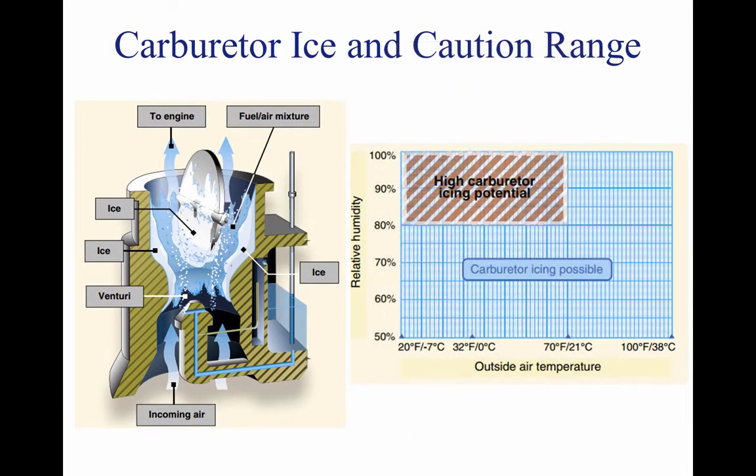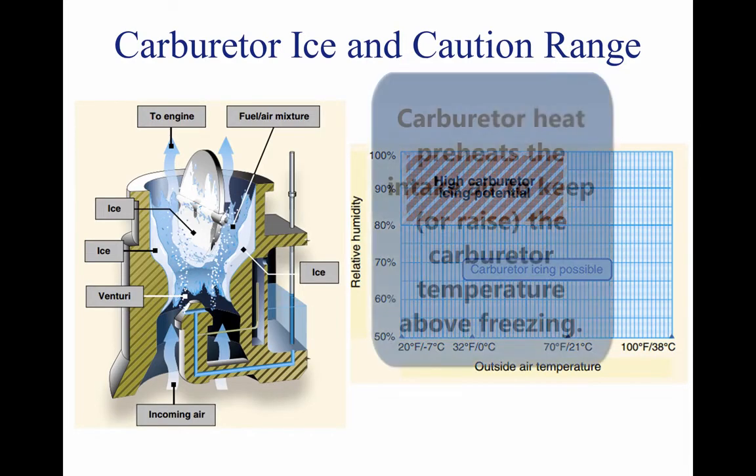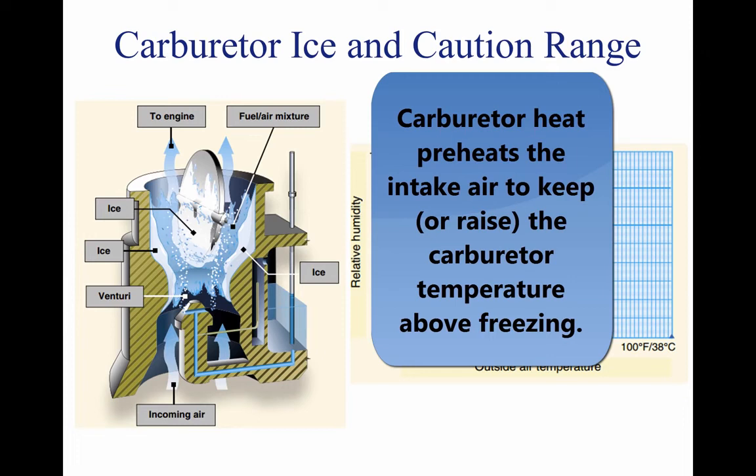To combat the effects of carburetor ice, engines with float-type carburetors employ a carburetor heat system. Carburetor heat is an anti-icing system that preheats the air before it reaches the carburetor and is intended to keep the fuel-air mixture above the freezing temperature to prevent the formation of carburetor ice.